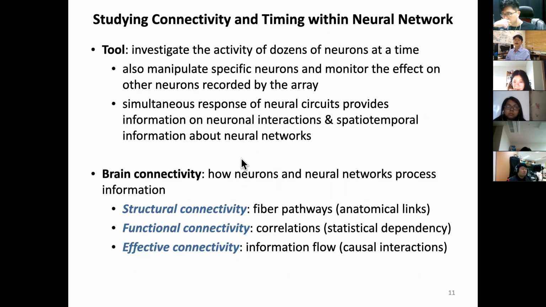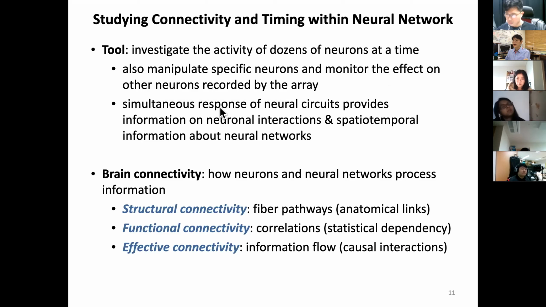So with that, we can go to connectivity and timing, where we can talk about neural networks. The tool investigates the activity of dozens of neurons at a time. We can also manipulate specific neurons and monitor the effect on other neurons recorded by the array. Okay, you can manipulate, you can stimulate, and you can monitor specific neuronal activity.